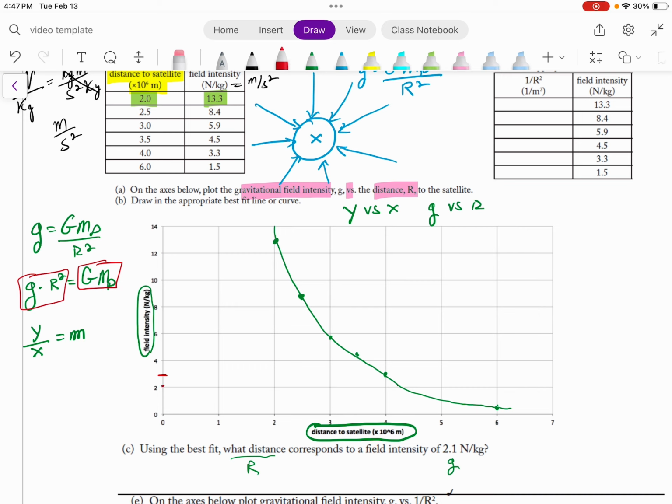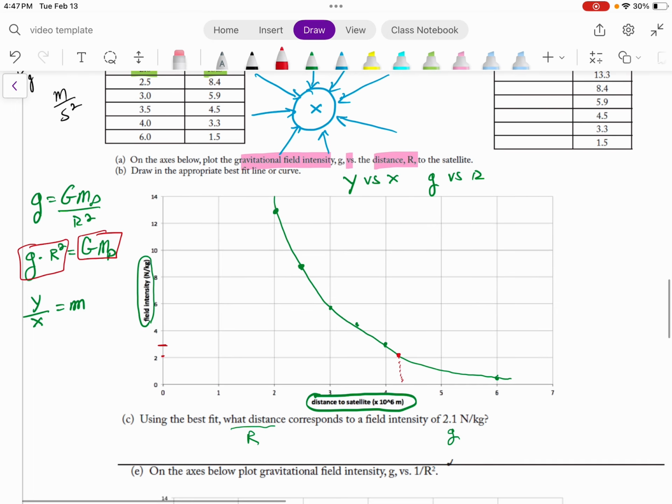And then I come over here and I look right about there, and I come down here and I find my number to be approximately, did I do that right? I don't know, I got around 4 point, it's not 4.5, I'll call it 4.25 times 10 to the 6 meters.